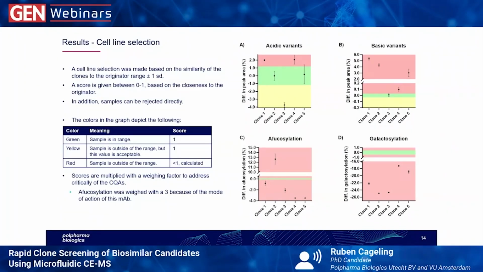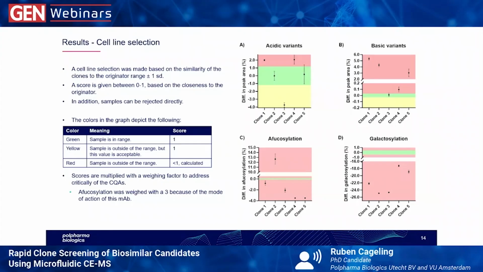And this is the case with deamidation, for example, in acidic variants, because deamidation tends to increase over time during process development. So this value is even more desirable maybe than the values that are already in range. If a sample is in red, then the sample is outside of the range and you get a score lower than 1, and we calculate the score based on how far it is off of the originator range.